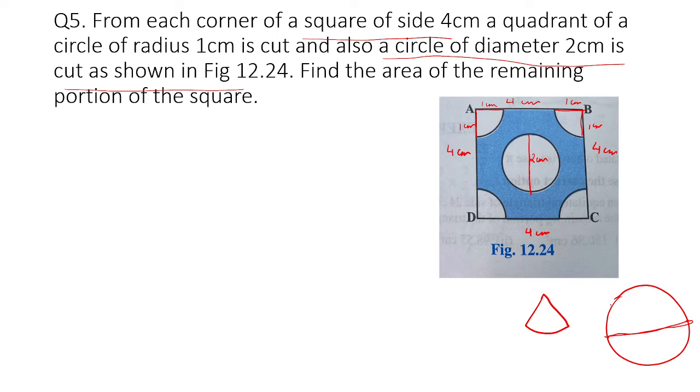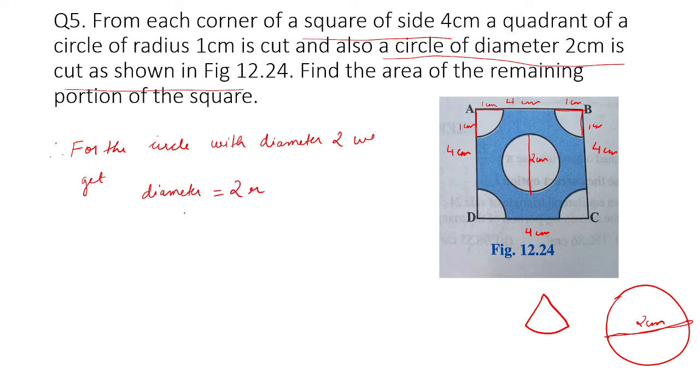So that means if the diameter is 2 centimeter, the radius would be, therefore we can write for the circle with diameter 2, we get diameter is equal to 2r.